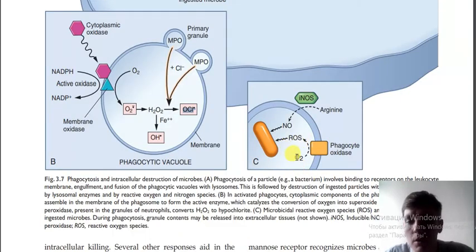And the same here, we have phagocyte oxidase. So oxygen is changed into reactive oxygen species, one of them. And also we have arginine as a donor of nitric oxide, also an active product which can destroy the cell membrane and cell wall of the microbe.